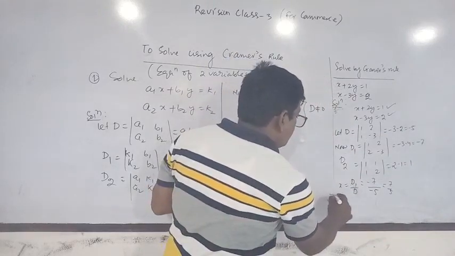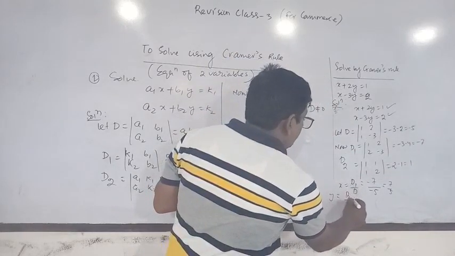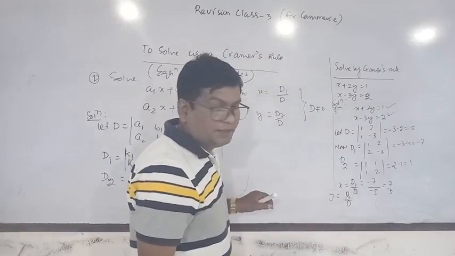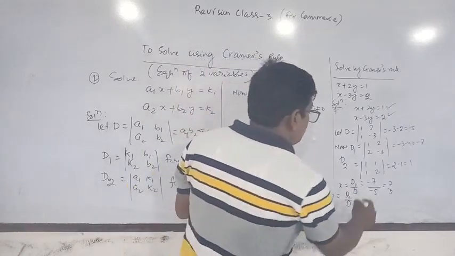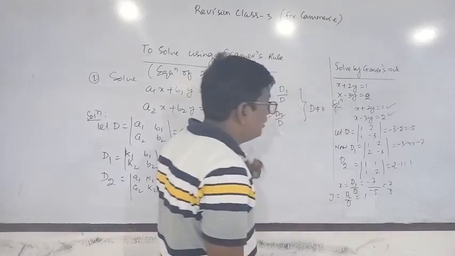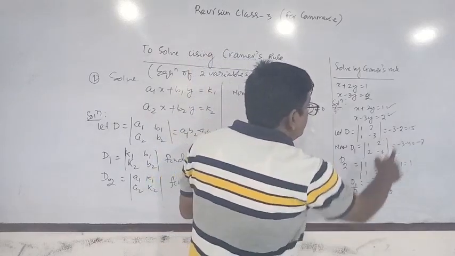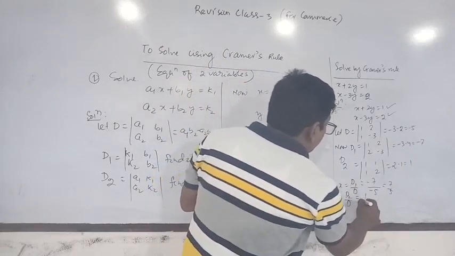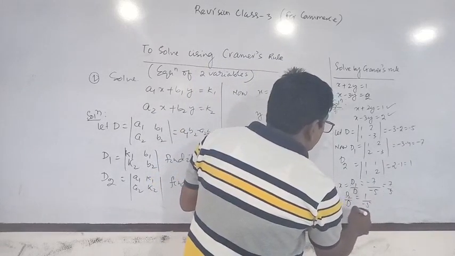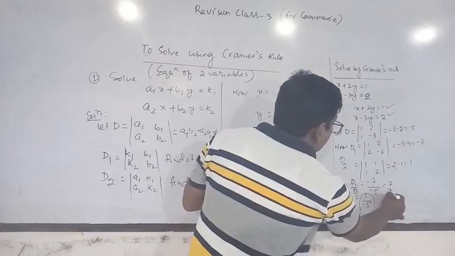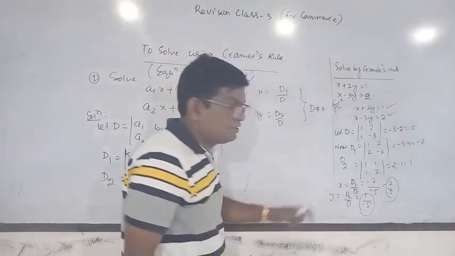Now y is equal to D2 by D. D2 is 1 and D is minus 5. So this is the value of x and this is the value of y.